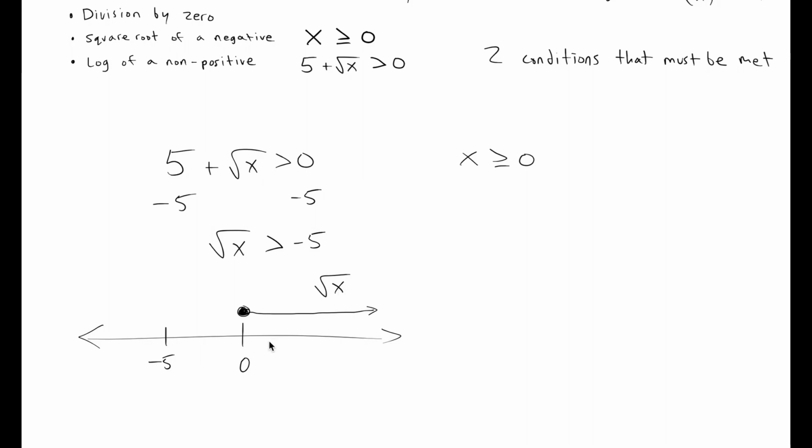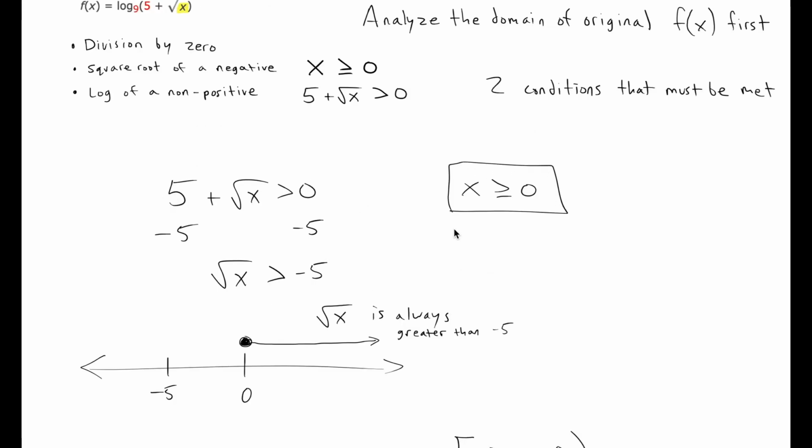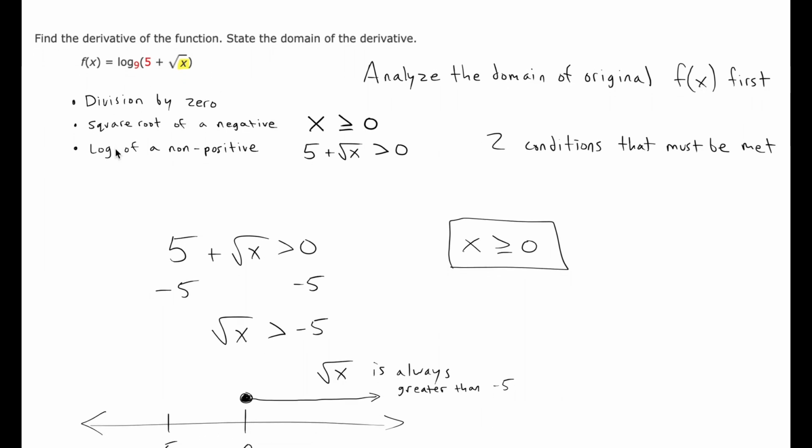These are all the radical x's that are possible. There's no way that radical x would be less than -5. So this is always true, and there's no problem with this one. So what's the domain then? I believe the domain would be from 0 to infinity, since x has to be greater than or equal to 0. Anybody who meets this condition, this is never going to be negative. So that's our domain of the original.